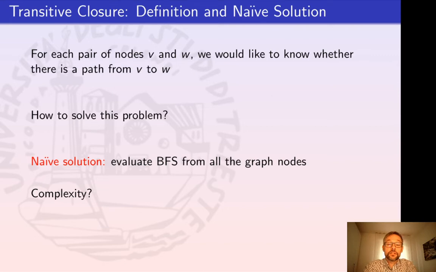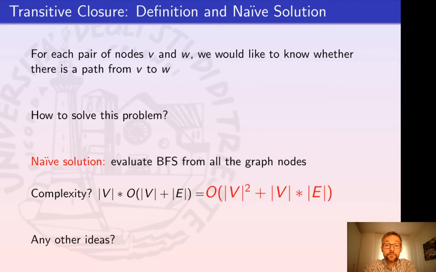Now, what's the complexity of performing this operation? Well, it depends on BFS, and as you may remember, the complexity of BFS is big O of cardinality of V plus cardinality of E. Since the naive solution suggests applying BFS on each of the nodes of the graph, we end up with a complexity which is cardinality of V multiplied by big O of cardinality of V plus E, which is of course big O of cardinality of V squared plus cardinality of V multiplied by cardinality of E. So this is a kind of upper bound for our quest.